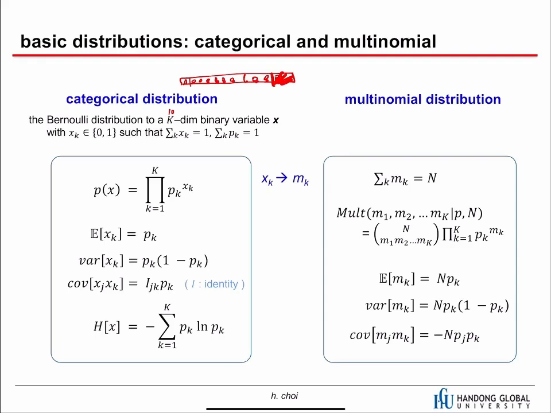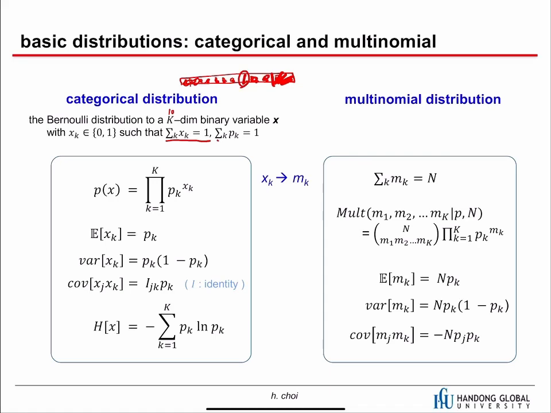Then there is another constraint here: the sum should be 1. It means only one element could be 1 and the other elements should be 0. So 0, 0, 0, 0, 0, 1, 0, 0, which means the label, the class of this given image, is this one.